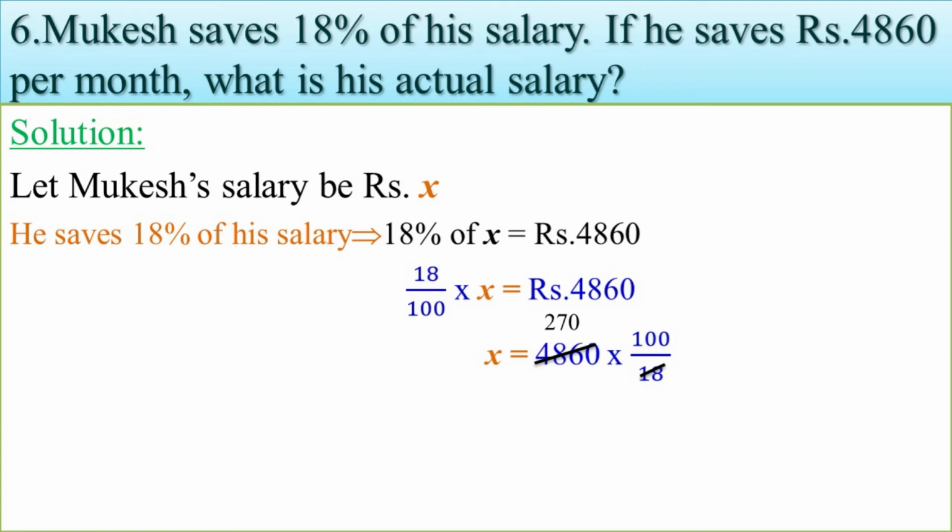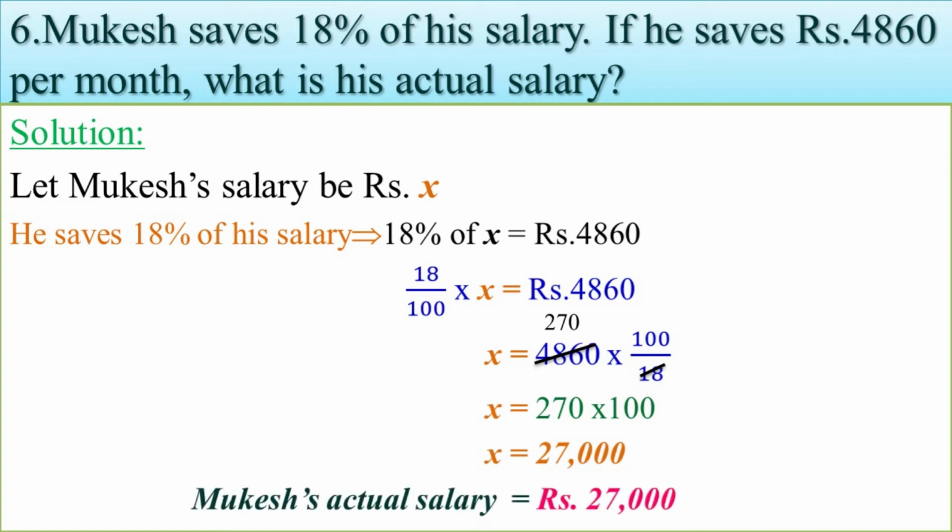Now the remaining numbers are 270 into 100. Therefore, X is equal to 27,000. Mukesh's salary for a month is rupees 27,000.